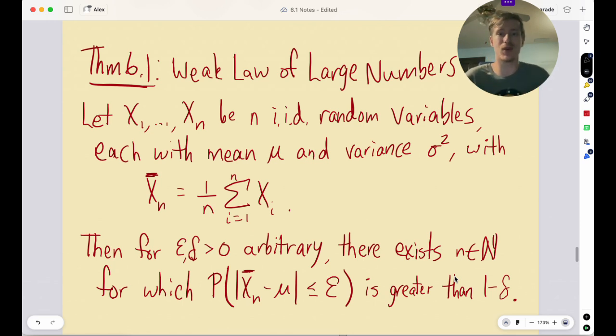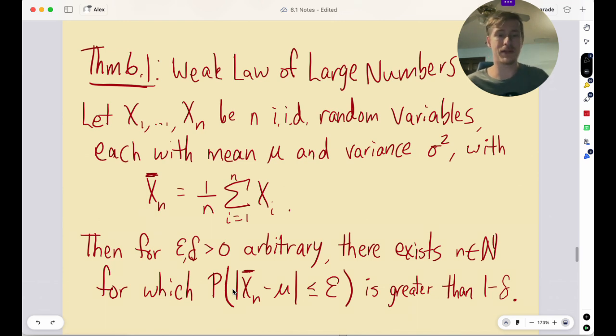And it's basically going to say that xn bar is going to be close to mu. Let x1 through xn be n independent, identically distributed random variables, each with mean mu and variance sigma squared, defining the sample mean as the average of the x sub i's.